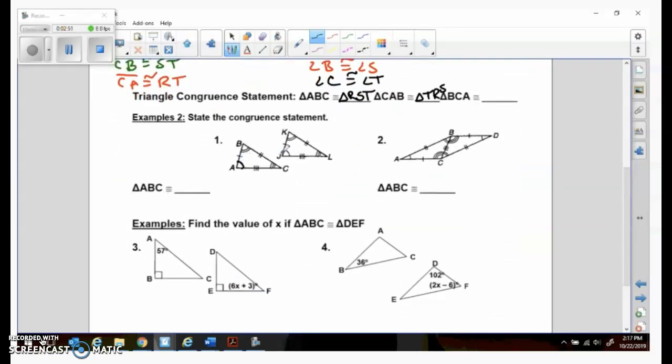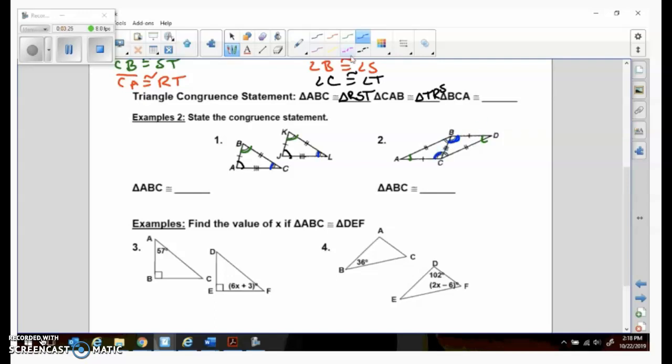All right, so let's see. Triangle ABC is congruent to, well, we're just using our different colors so that we can see where they match up. Okay, so it looks like A is going to correspond with angle D. So if we do angle A and D, those correspond.